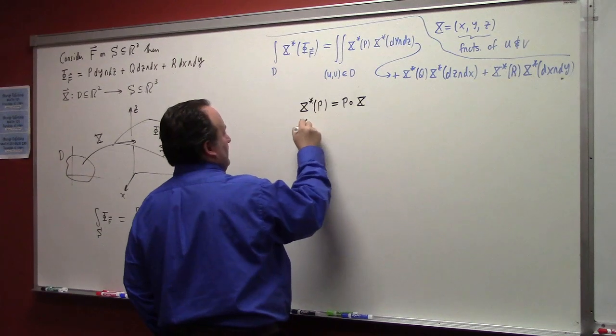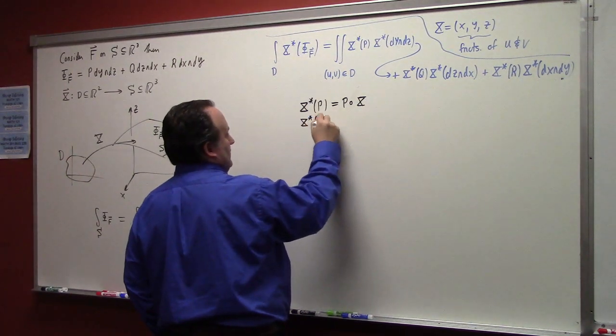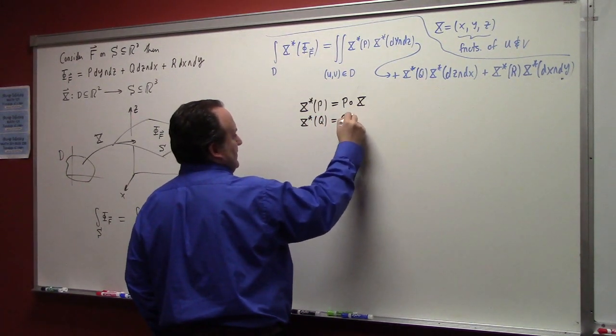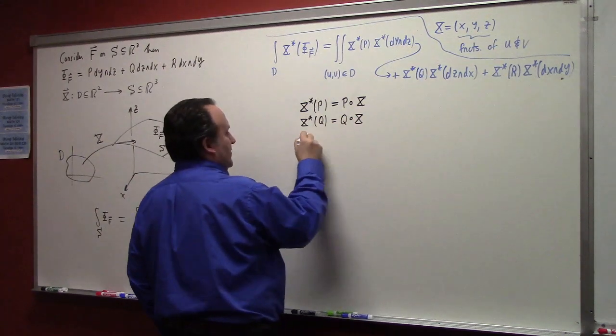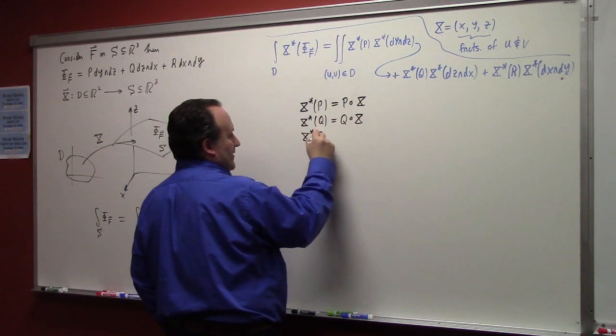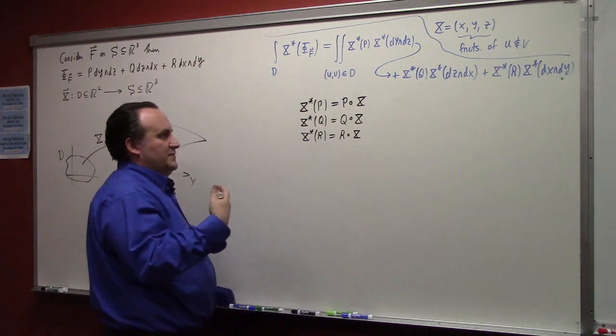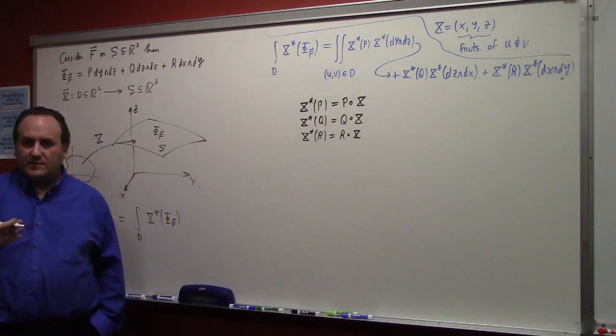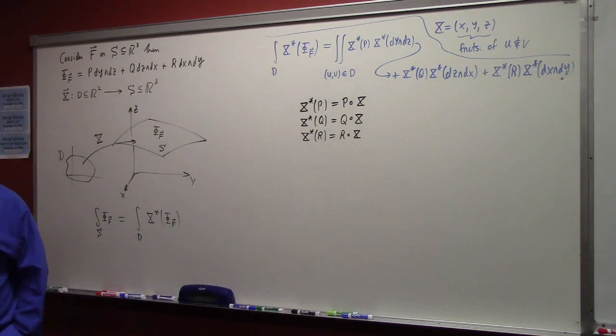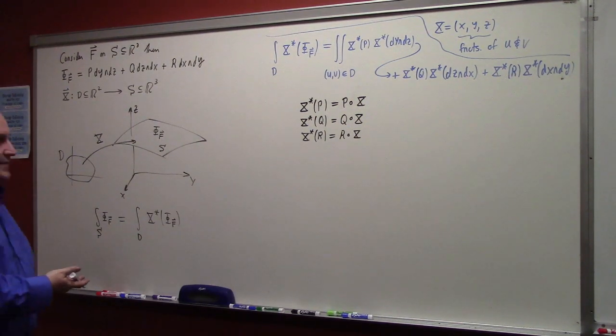And the pullback of Q is exactly Q composed with X. And the pullback of R is R composed with X. And that starts to be familiar to you if you think about the definition of the surface integral. You take the vector field and you compose it with the parameterization in order to calculate the surface integral, right? So that's where that's coming from.